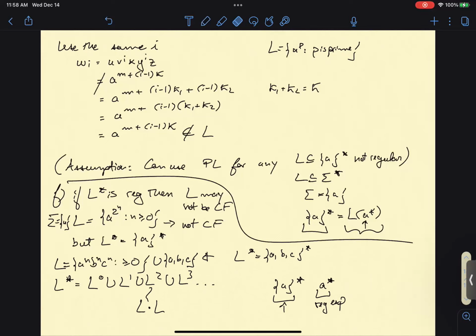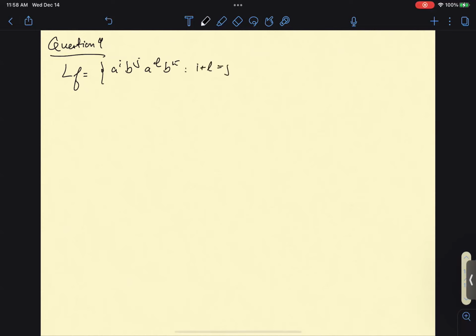Okay. Let's do question 9. We'll do L of F. So we have this language, and we want to know if it's regular, context free but not regular, or not context free.